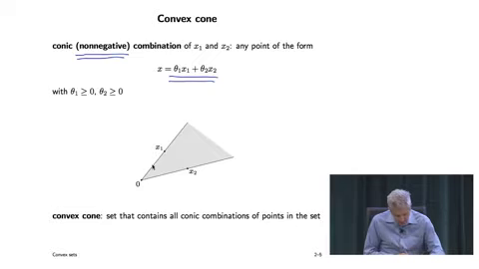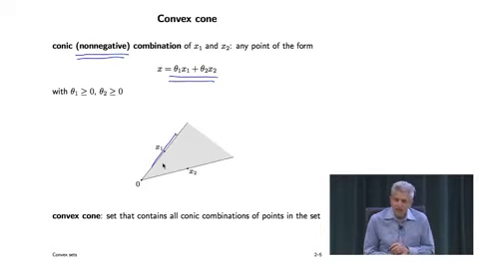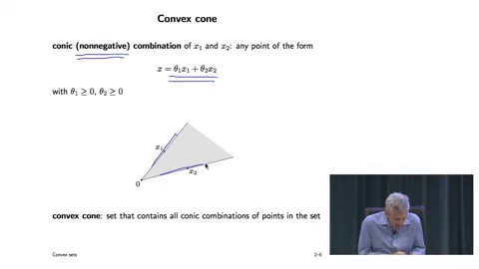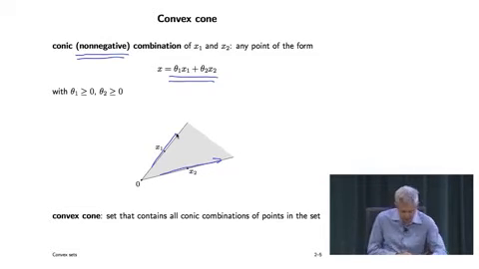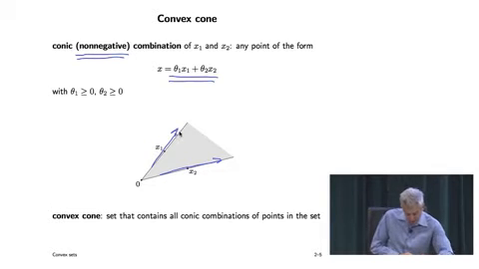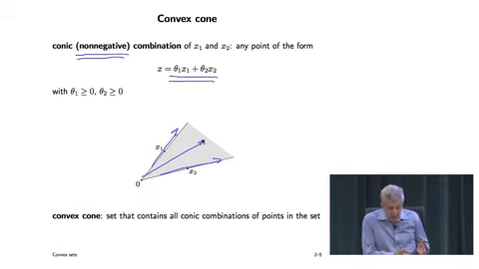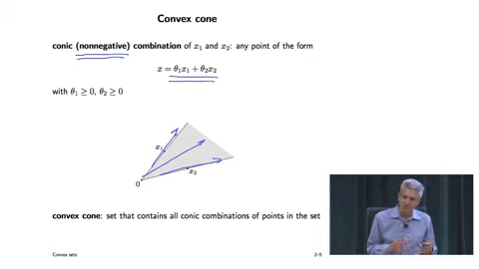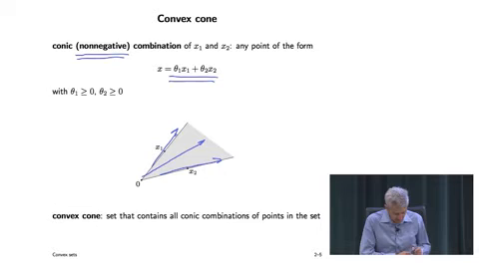These points on this boundary are all the non-negative multiples of x1, and these are all the non-negative multiples of x2. If I take something right smack in the middle, these are the points that are non-negative multiples of x1 plus x2. Another way to say that is that's everything of the form theta 1 x1 plus theta 2 x2. Generally it sweeps out this whole set like that.